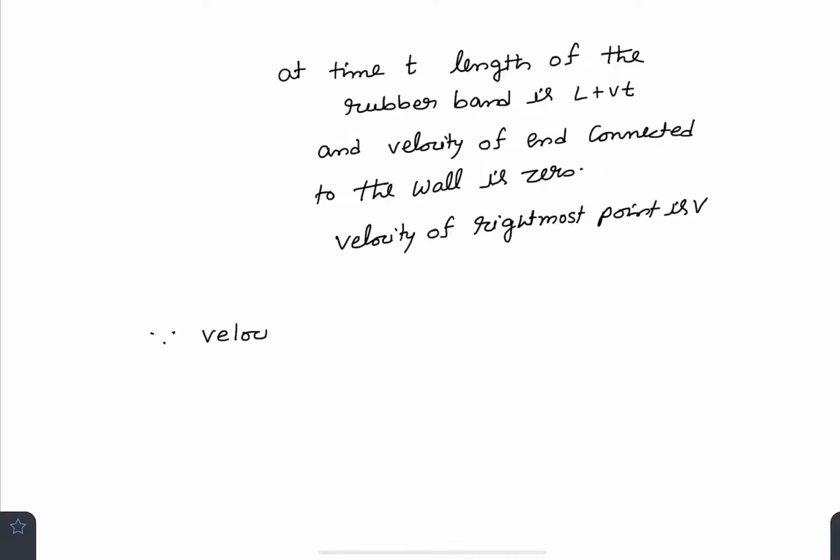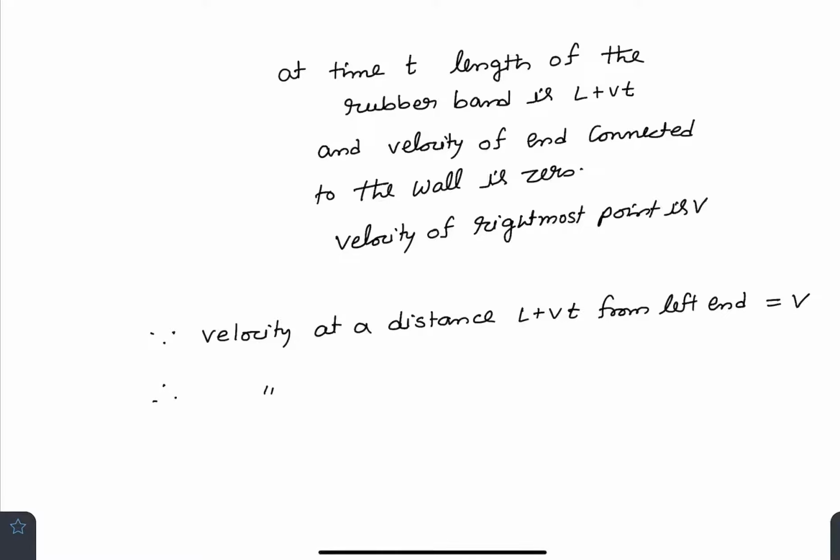So what we are writing: the velocity at a distance L plus vt from the left end is equal to v. So the velocity at unit distance from the left end is equal to v upon L plus vt.